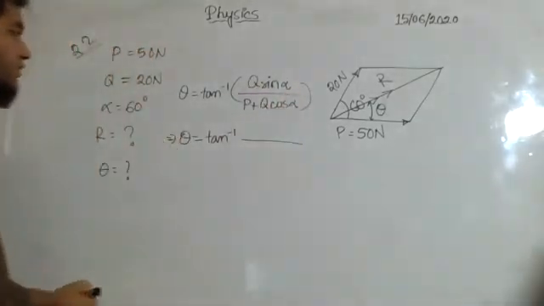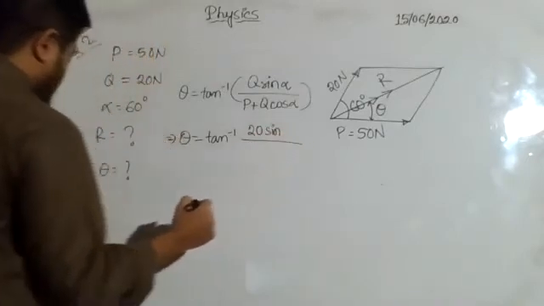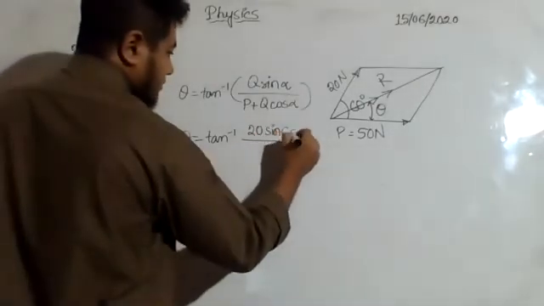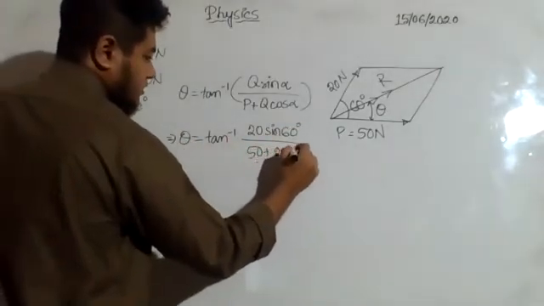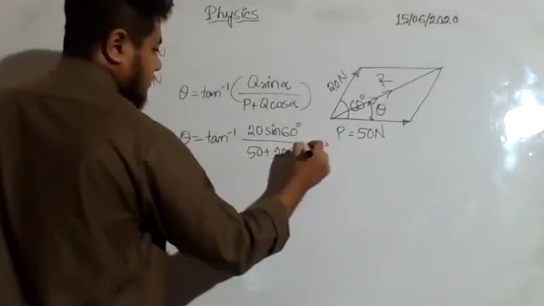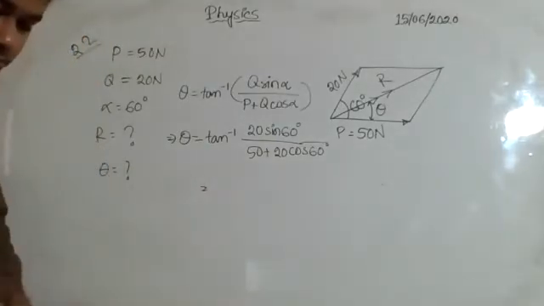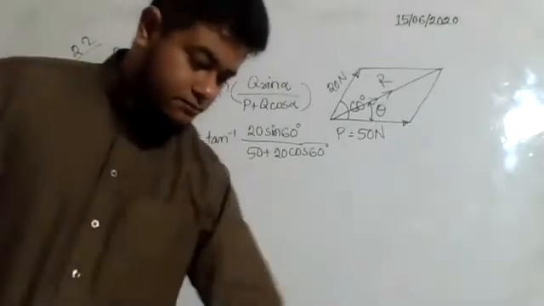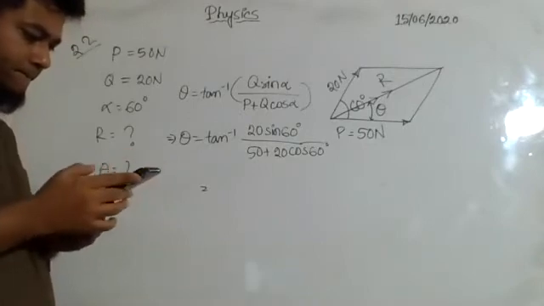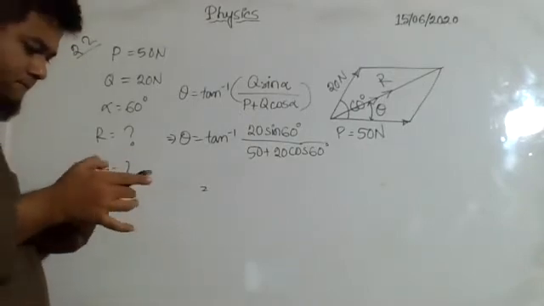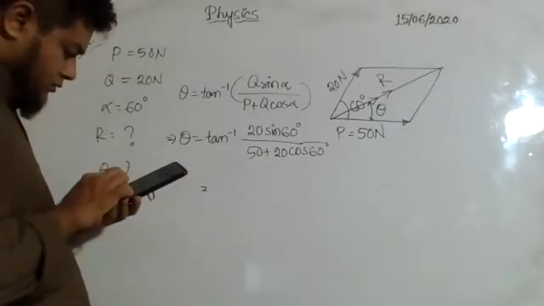Now we just need to replace the values. Okay, 20 sine alpha, which is 60 degree, divided by P, which is 50, plus 20 cos 60 degree. So from here you can easily find out the value, right? Can you find out?